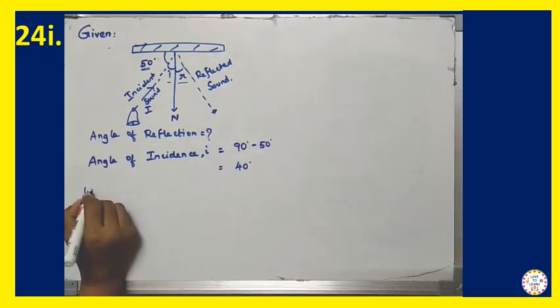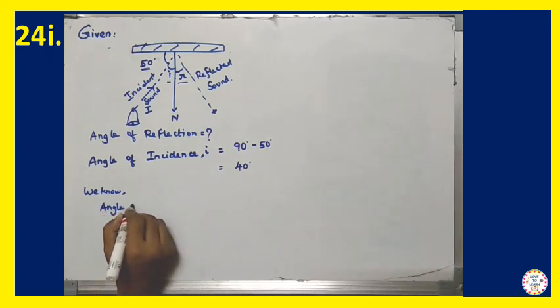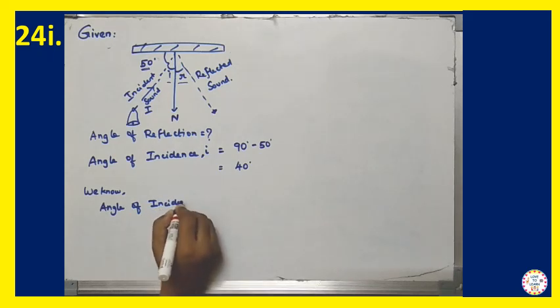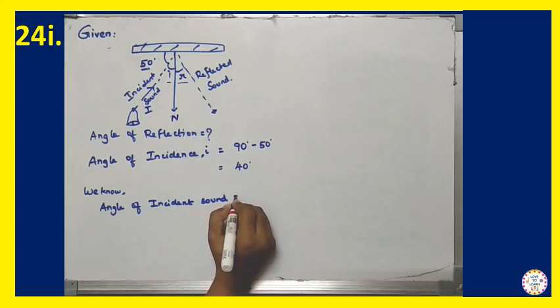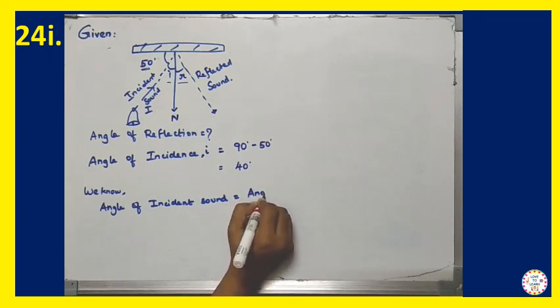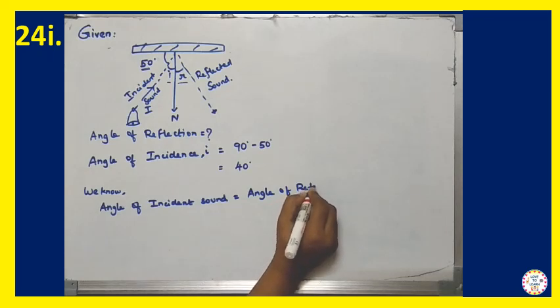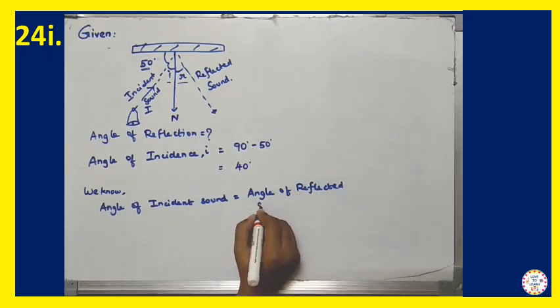And we know that the angle of incidence is equal to the angle of reflection. So the angle of incident sound is equal to the angle of reflected sound.